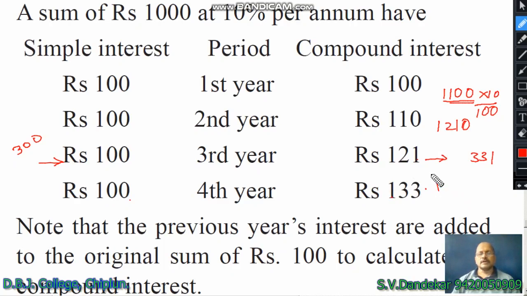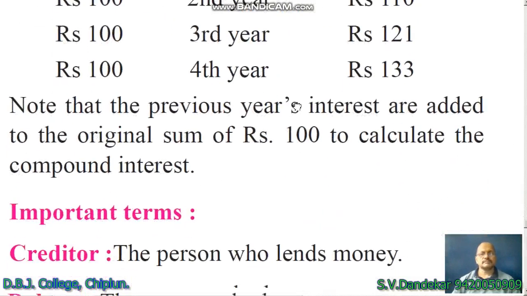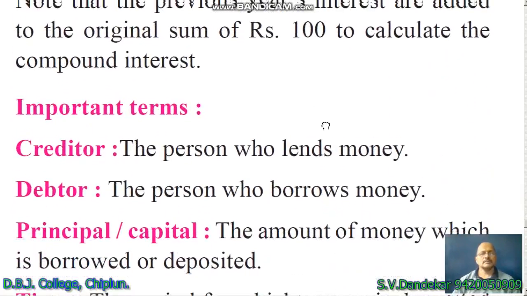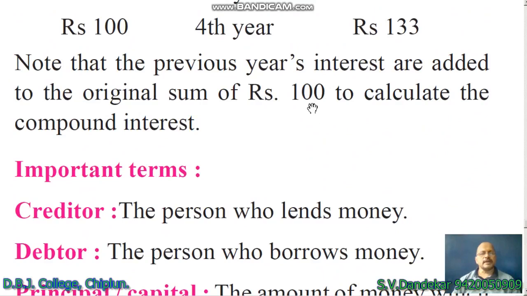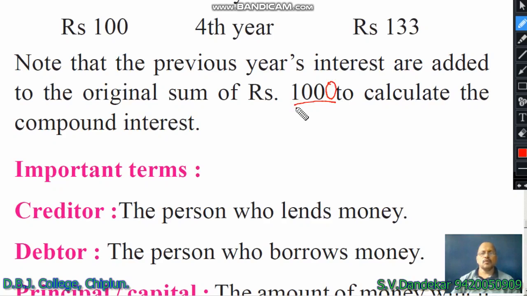The fractional part is neglected and 133 is the compound interest. Here it is a printing mistake. The original sum of rupees, here it should be 1000 and not 100. It should be 1000. Please note this.